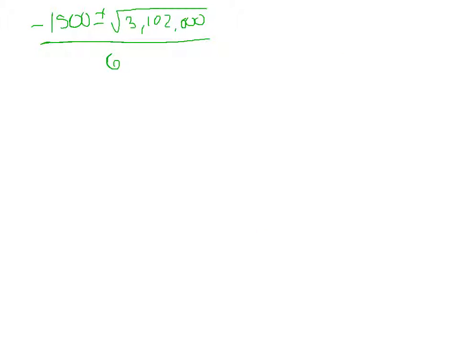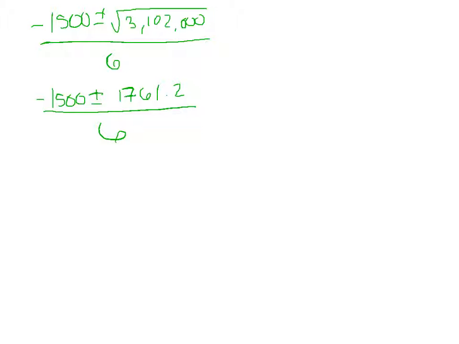Using my calculator to find the square root of 3,102,000, I get negative 1,500 plus or minus about 1,761.2 after rounding to the nearest tenth, all divided by 6.